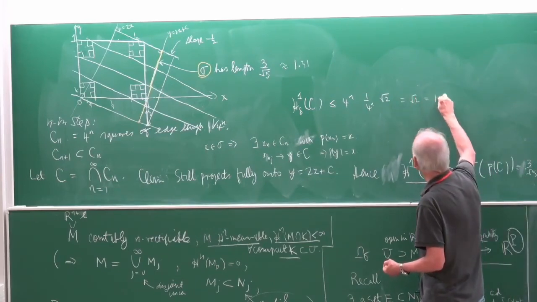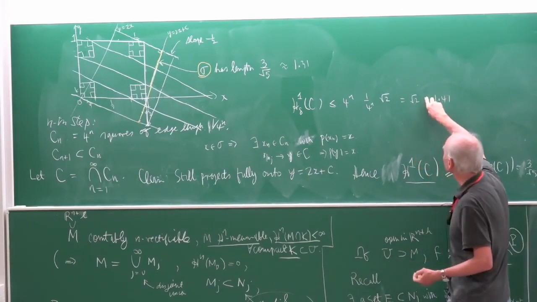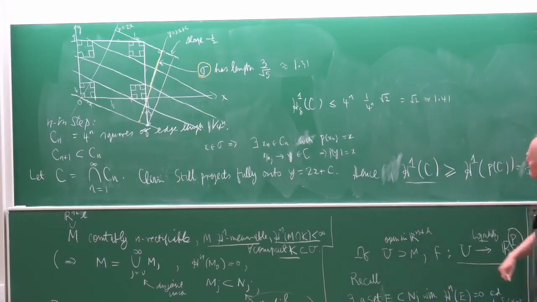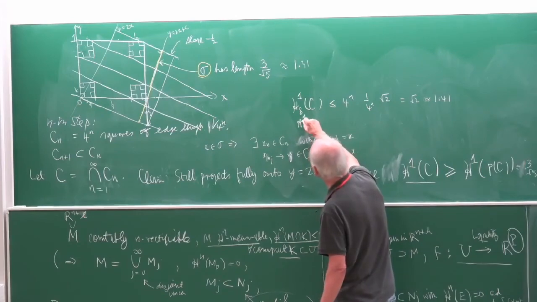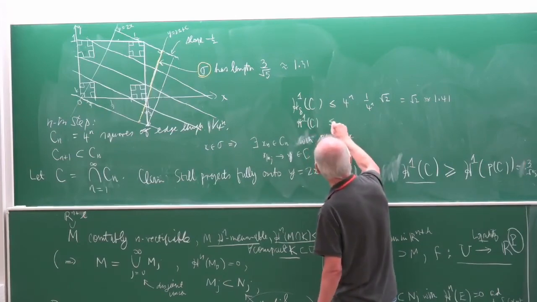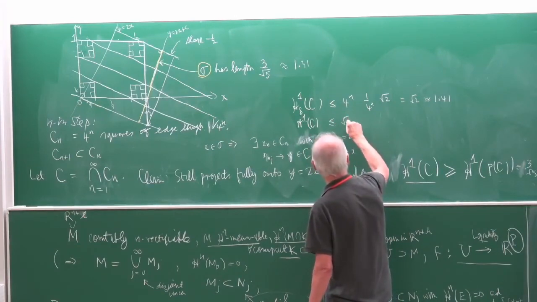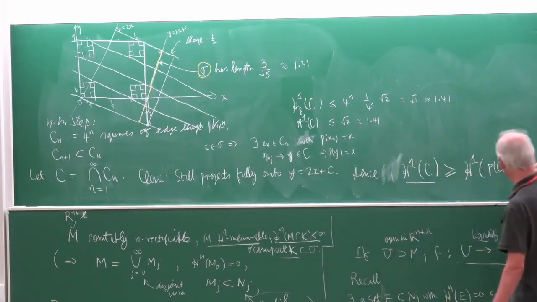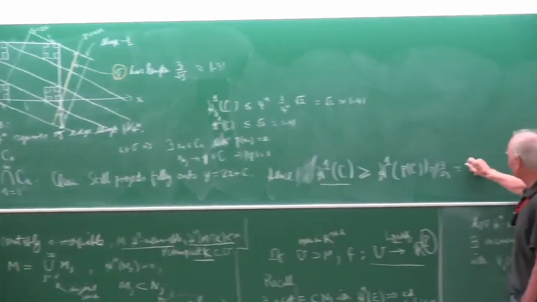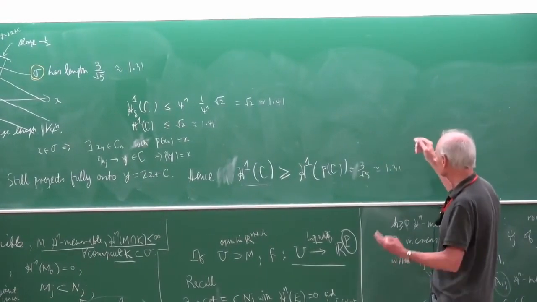And that's actually 1.41 approximately. That's pretty amazing, actually. So that means that H1C is less than or equal to root 2, which is approximately 1.41. That's pretty close. This is approximately 1.31, I think, or something.